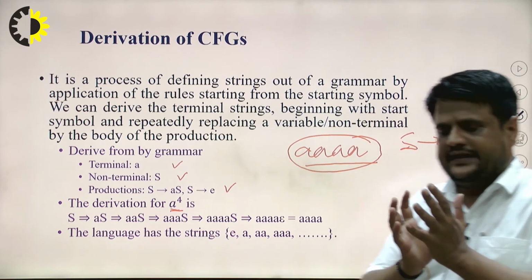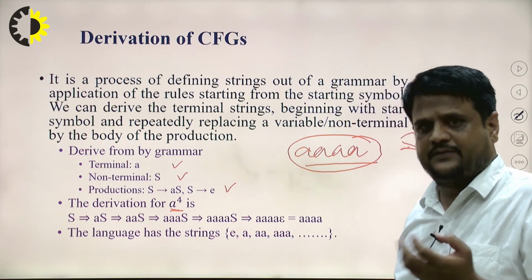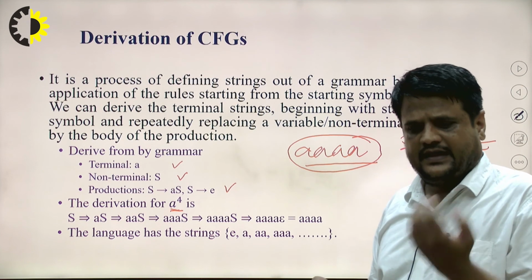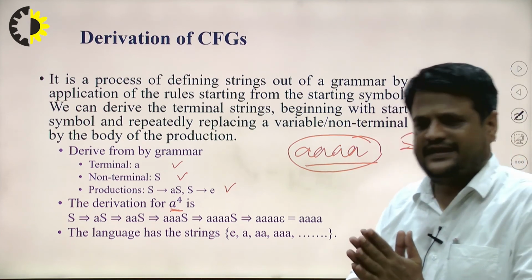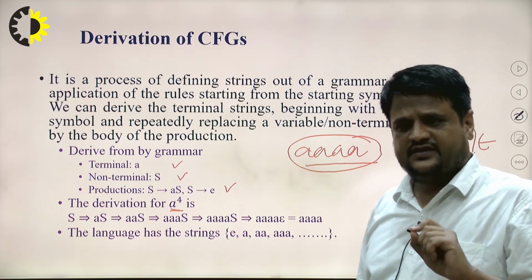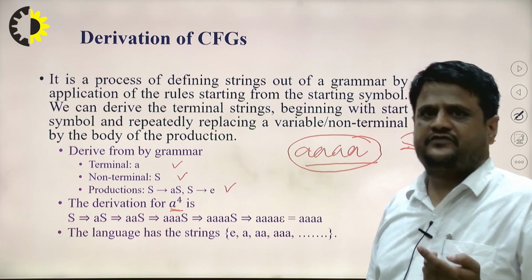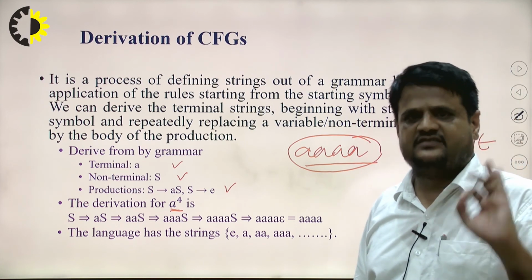I have already told you that you use the productions as substitutions, the right hand side replacing the left hand side of any production. Here one thing to note: any production can be used any number of times to generate a particular string. There is no restriction on using the productions, right?